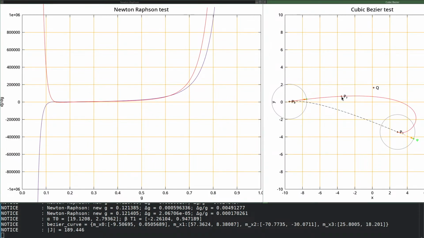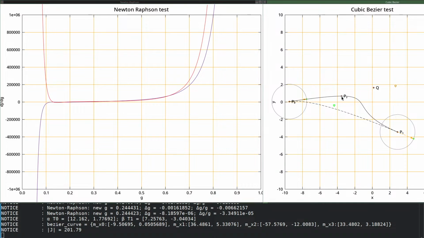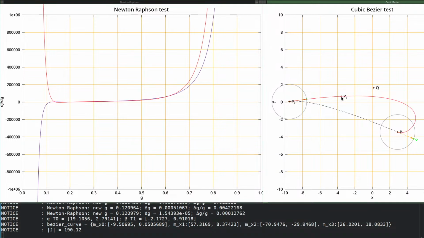Because it's just not existing. You've got to wonder how that is working mathematically, that it does something like this. Almost not moving it.